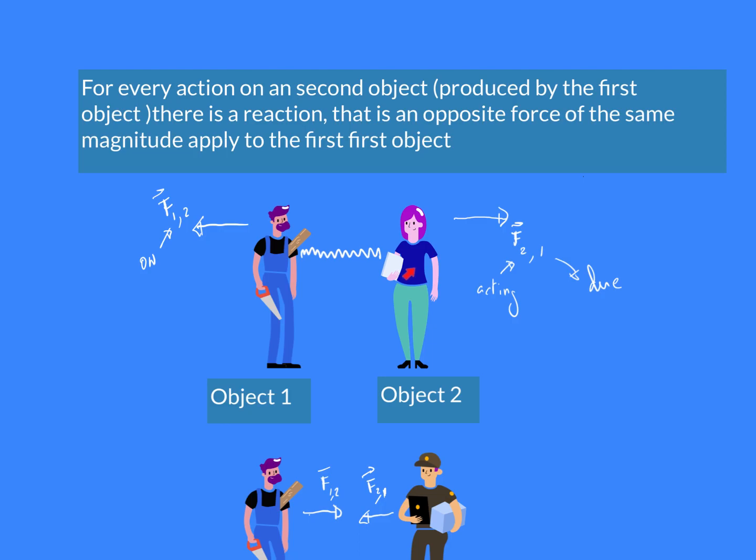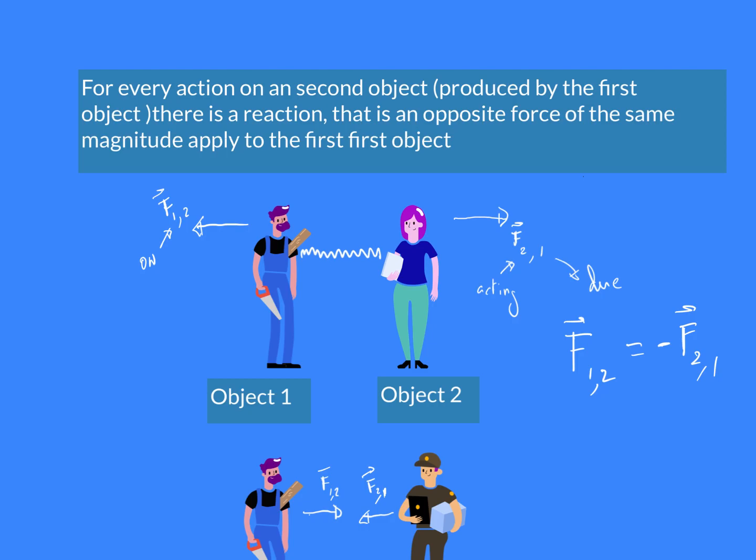What it means is that the force acting on 1 due to 2 has to go to the left, and the magnitude of this force is the same as this other force. So the equation that we will write is that F acting on 1 due to 2 is the same amount of force as that acting on 2 due to 1, but in the opposite direction.